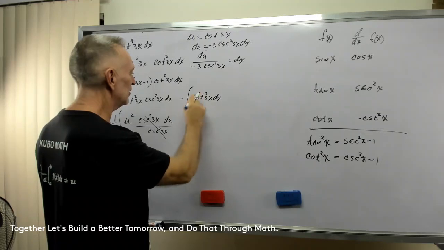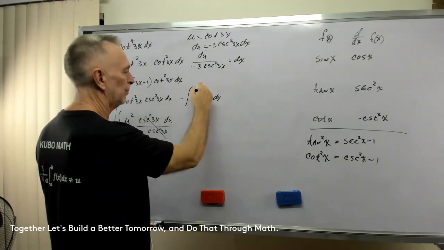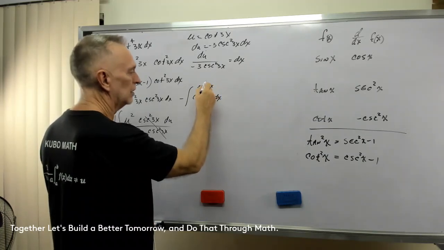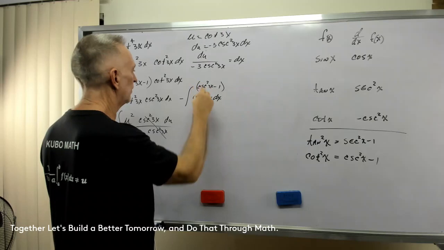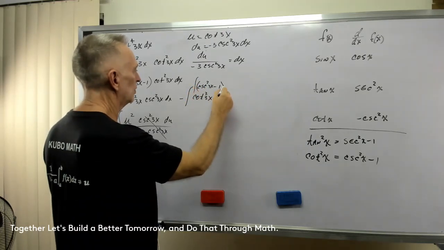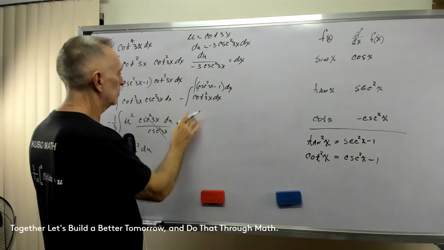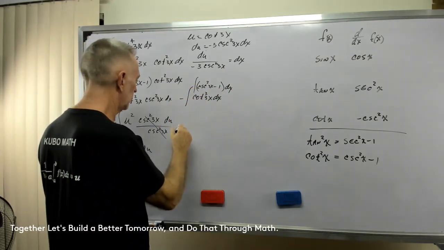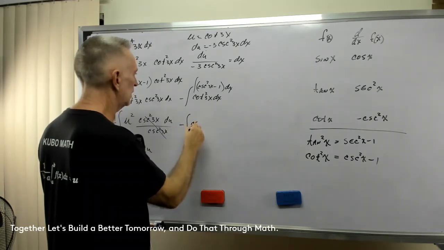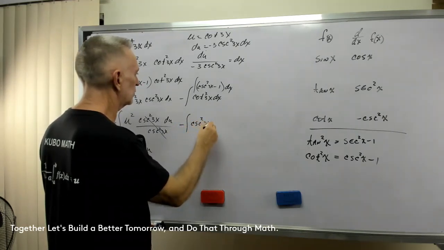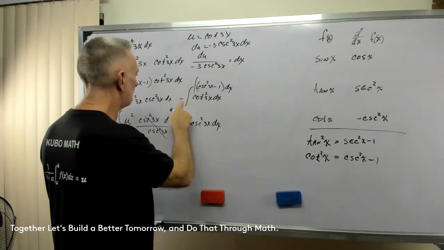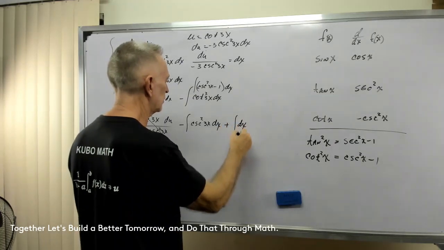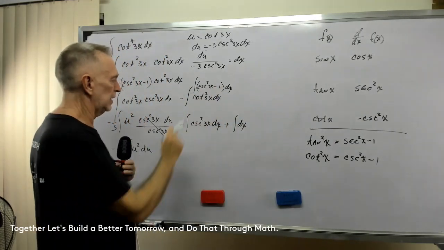All right, so let's change this here to cosecant 3x squared minus 1. So we've got that integral dx. All right, so I'm going to break that into two parts. So I have minus the integral of cosecant squared 3x dx minus a minus dx, so plus the integral of dx.